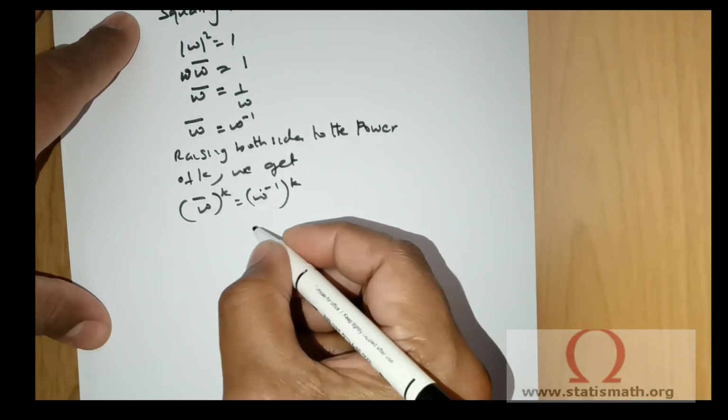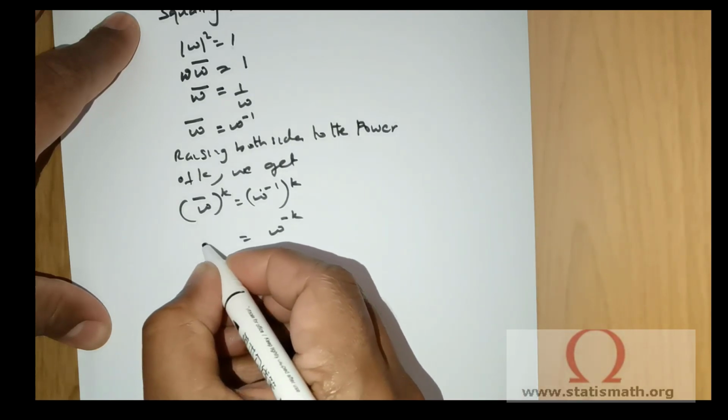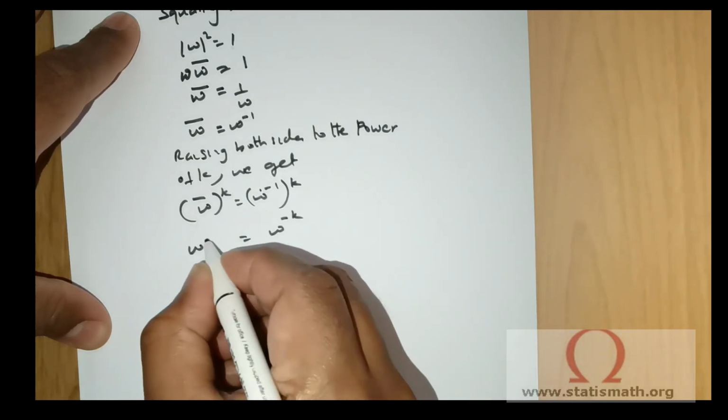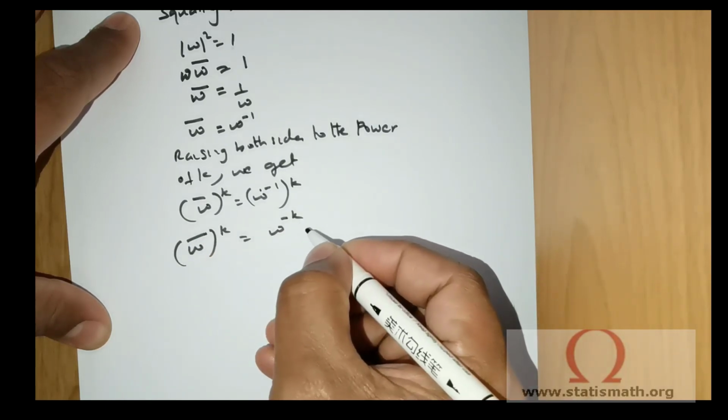So this can be further rewritten as omega raised to the power negative k. So we have got omega bar raised to the power k is equal to omega raised to the power negative k.